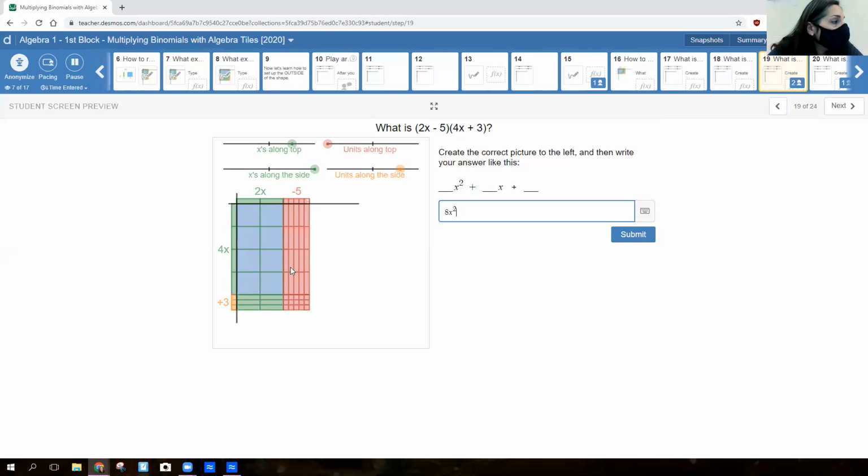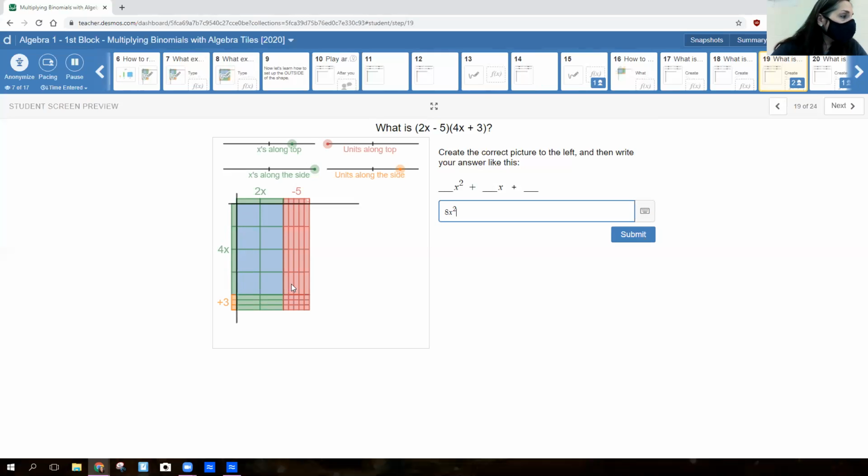So what do we have? 1, 2, 3, 4, 5, 6 green ones. That means I can cancel out 6 of the red ones with 6 green ones, because it would be like 6x and a negative 6x. So 6x minus 6x cancels out.